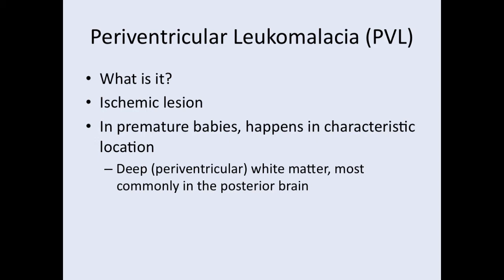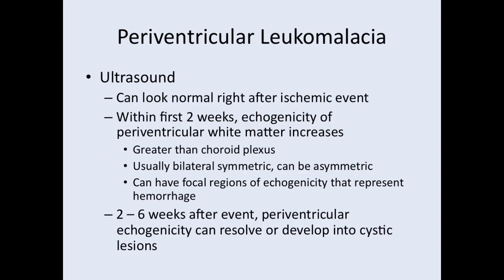In premature babies, the area that is affected by this is the white matter that's adjacent to the lateral ventricles, so that's why it's called periventricular leukomalacia, and it affects the white matter in the posterior part of the brain most commonly.